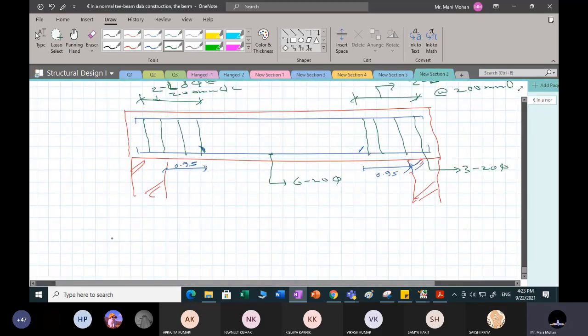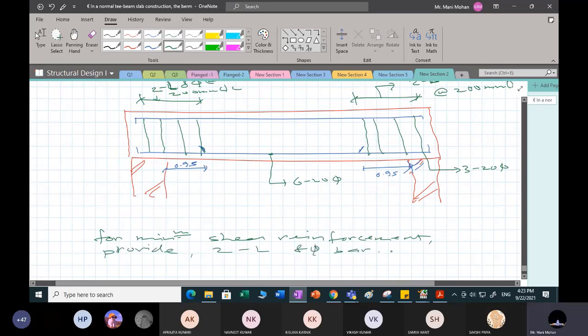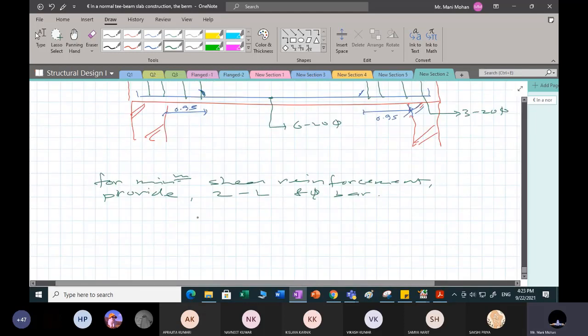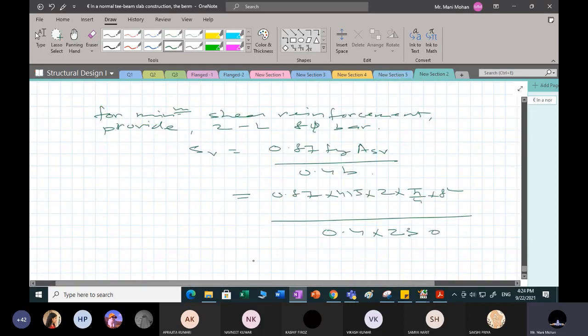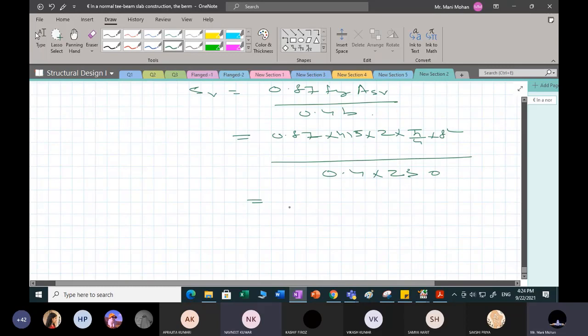So for minimum shear reinforcement, I'll again be providing two-legged 8 dia bar. What will be my spacing of this bar? Sv equal to 0.87 Fy Asv divided by 0.4 b. How much is this Sv coming? 394.32.